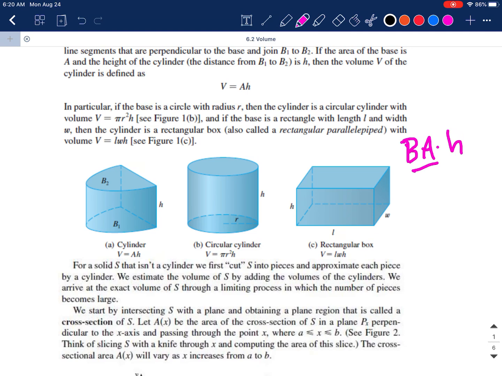In our integration, if we have an area function that serves as our base area, then our height is going to be that differential, that infinitesimally small sliver, because we're going to take each one of these shapes and slice it into an infinite number of smaller pieces, calculating each individual volume and summing them together.